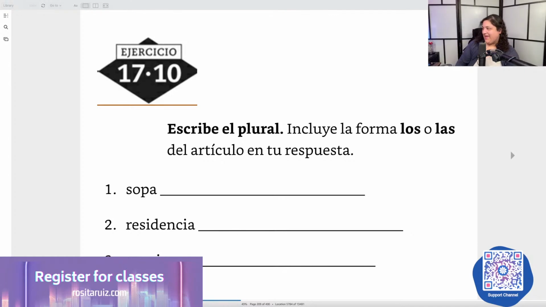Gracias, residencias. Sí. Now, for English, whenever we have a word that ends with a double consonant, like the word address, we're going to add an ES. So, addresses.